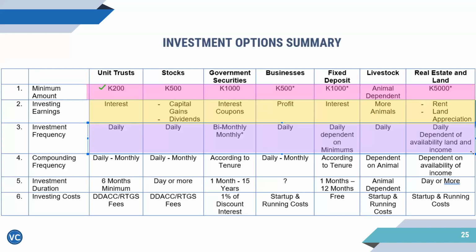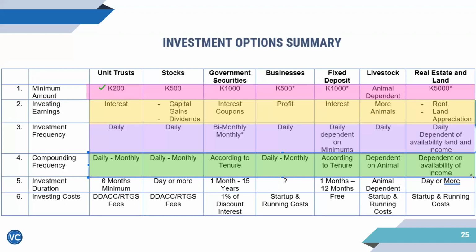Then for compounding frequency, remember, besides time being the greatest asset, the way you make money is how frequently things are able to compound. So the more frequent things are able to compound, the quicker it is. So everything here compounds at a different time.